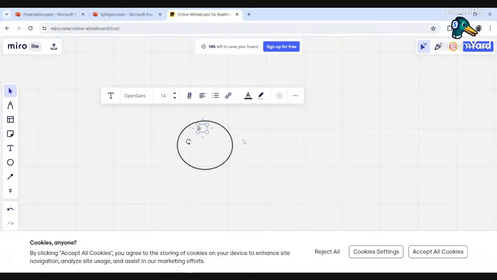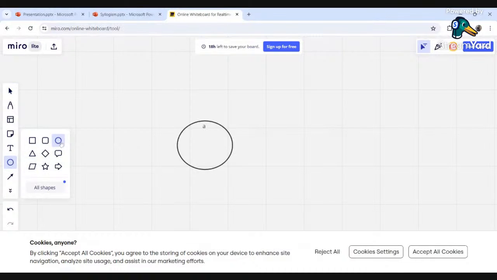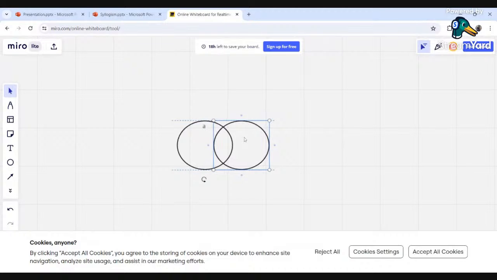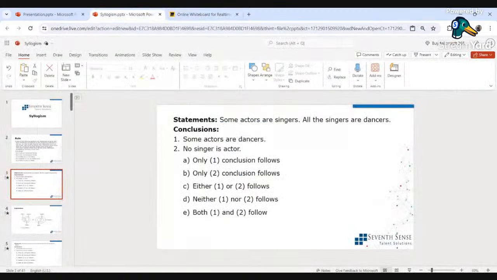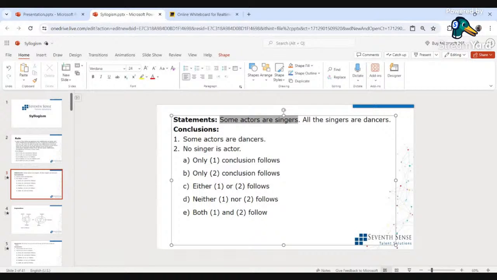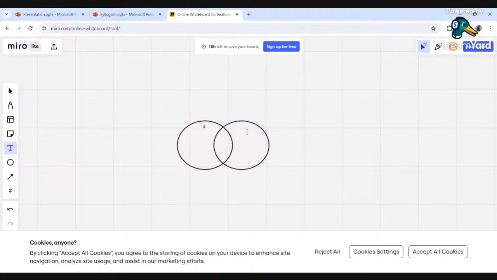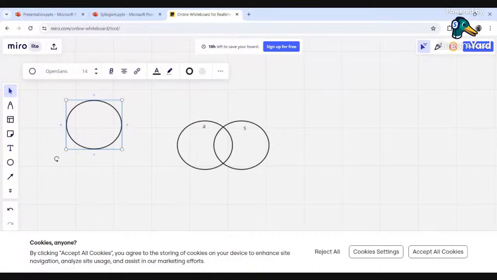For singers, I will take it as S. Then I'm going to take one more circle and intersect these two, because my question says some actors are singers, and then it says all the singers are dancers. So this is singers, and all my singers are basically dancers.